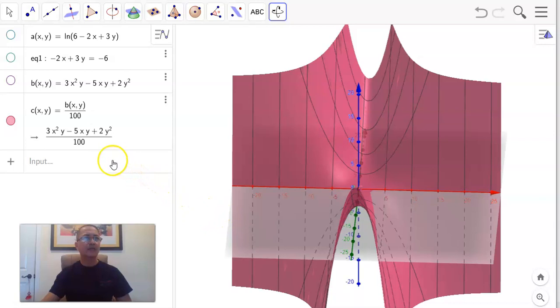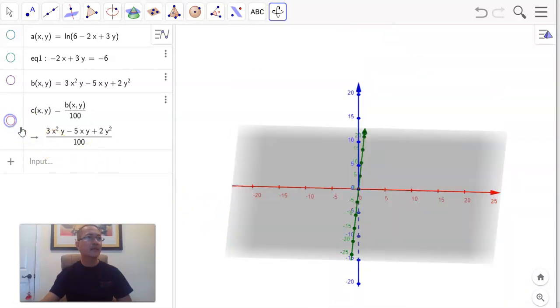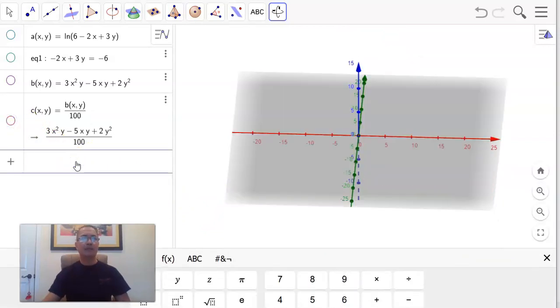Yeah, we can certainly keep playing with this. What else can we do algebraically? You can divide a polynomial by another polynomial. So let's keep it simple, both in the numerator and the denominator.